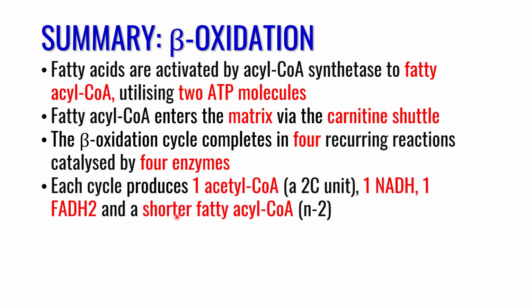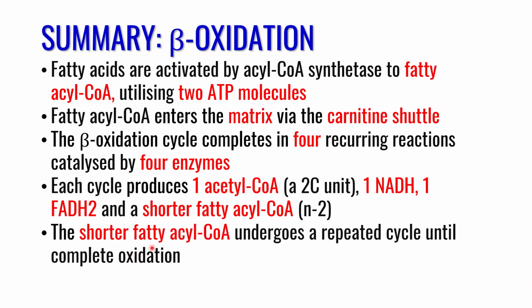Each cycle of beta oxidation produces one acetyl-CoA, a 2-carbon unit, one NADH and one FADH₂, and a shorter fatty acyl-CoA. Due to production of NADH and FADH₂, fatty acids produce more energy than carbohydrate or protein. The shorter fatty acyl-CoA undergoes a repeated cycle until it is completely oxidized.